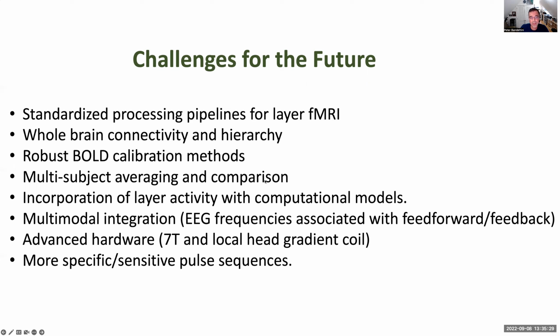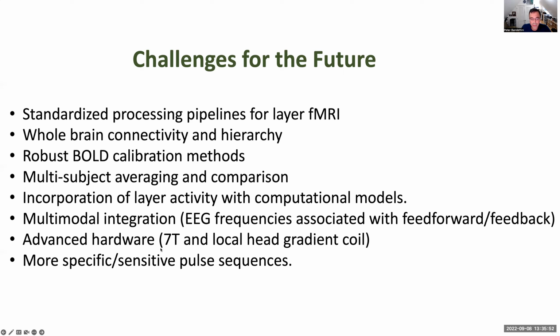That's an open question. Incorporation of layer activity with computational models: since we're getting more towards circuitry, it might be more informative to computational models. Certainly we want to do multimodal integration, maybe using those EEG frequencies that are associated with feedforward and feedback information.